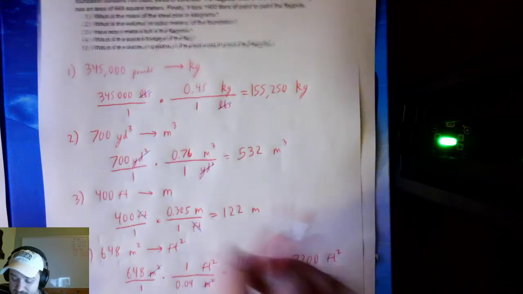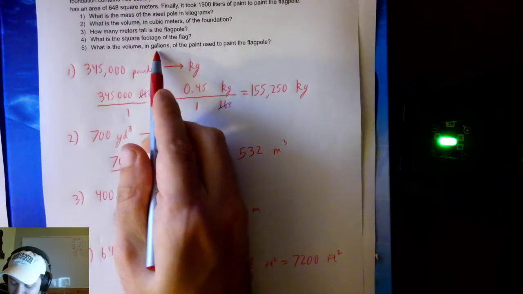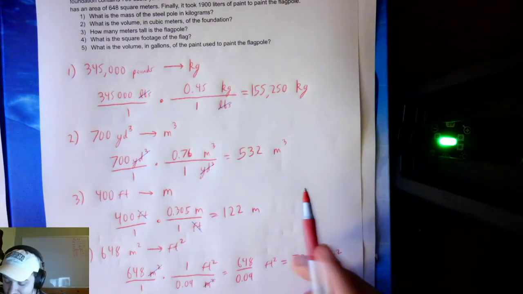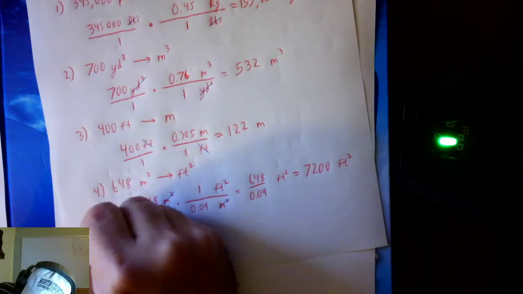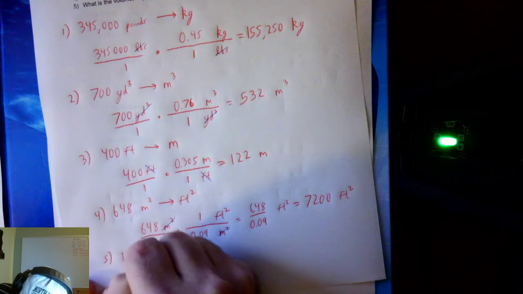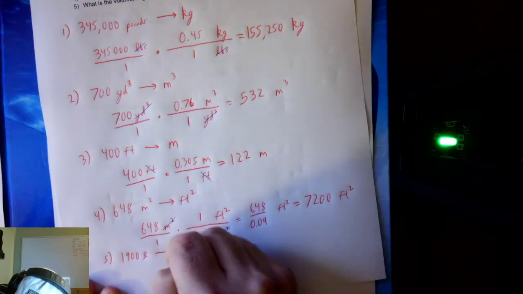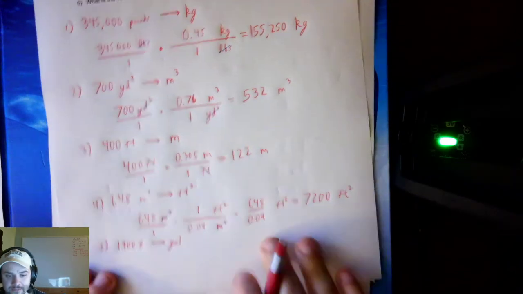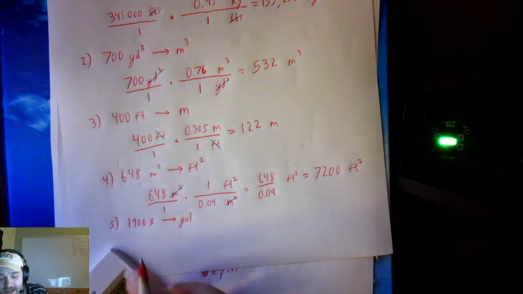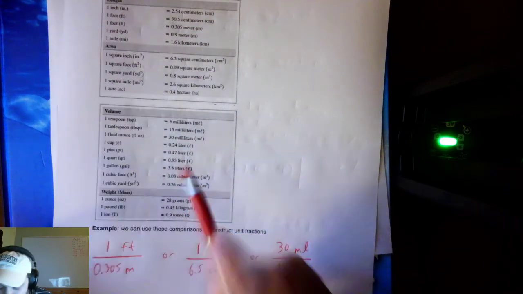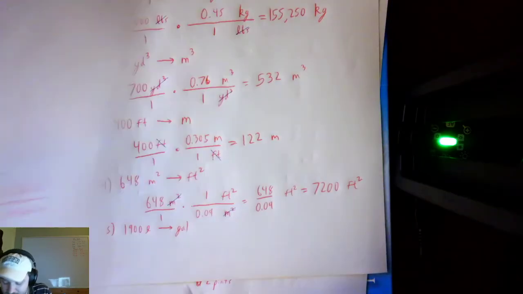The last one, it says, what is the volume in gallons of the paint used to paint the flagpole? Well, the original measurement for the paint was liters. 1,900 liters, and I want to convert that to gallons, right? Well, once again, I'm going to check if I can go liters to gallons. Yes, gallons and liters are on my list, so that's going to be nice for me.